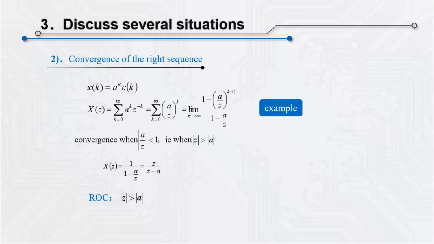For such a sequence, when the modulus of a divided by z is less than 1, the sequence converges to z divided by z minus a. This is our result. Then the convergence domain at this time is that the modulus of z is greater than the modulus of a, which is an area outside the circle.